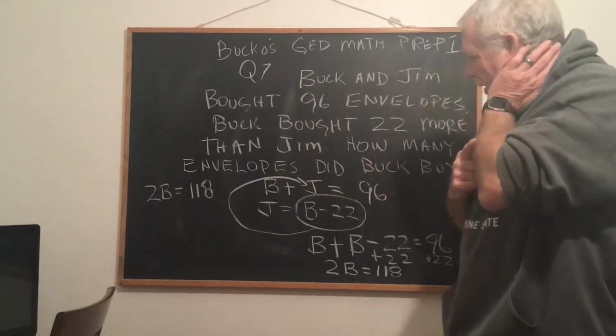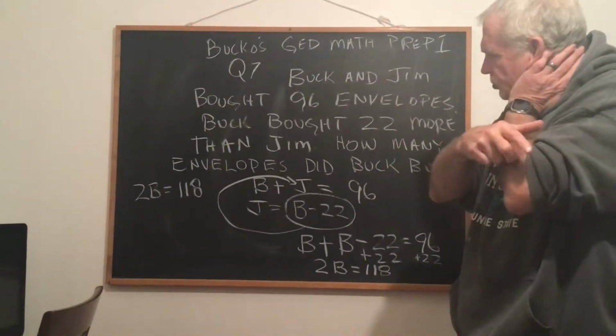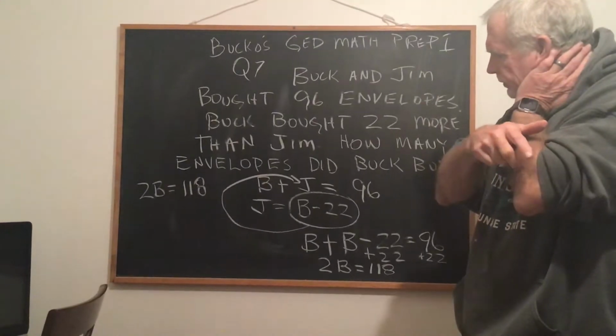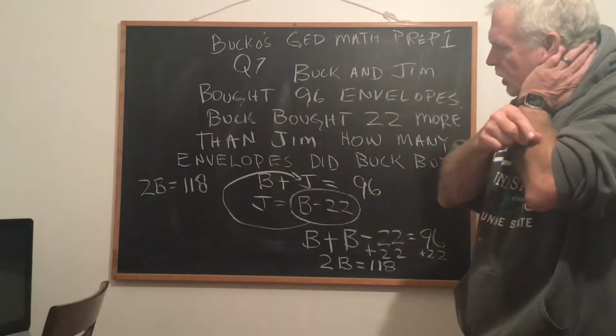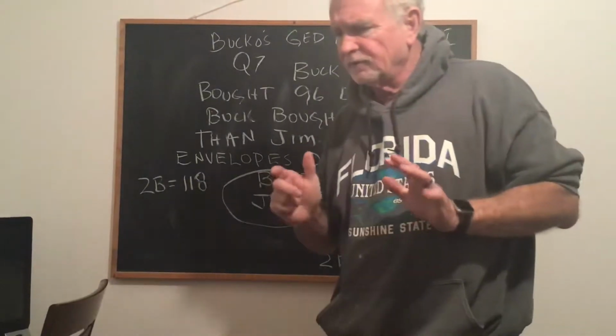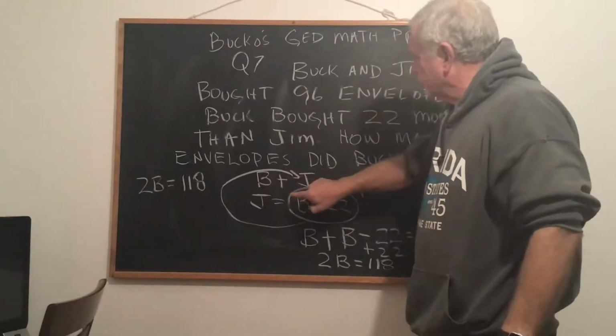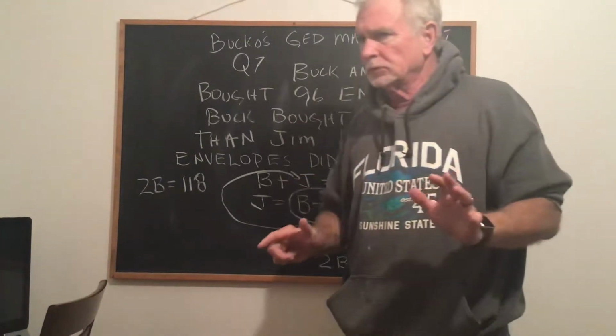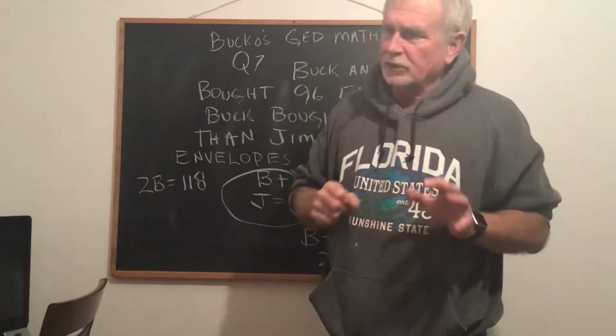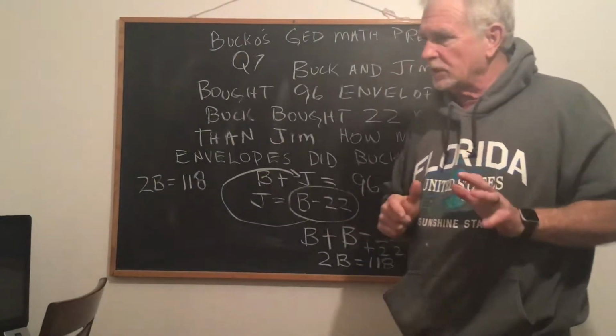Now we have a little problem here. When you start doing algebra, later on you'll be able to do it with two unknowns, but we want one variable. These are called variables, the B and the J. We can solve for one of them, but it's really difficult to solve for two at the same time.